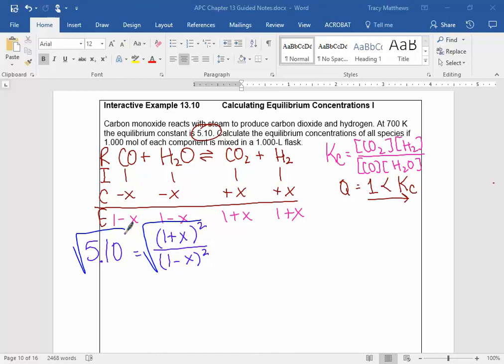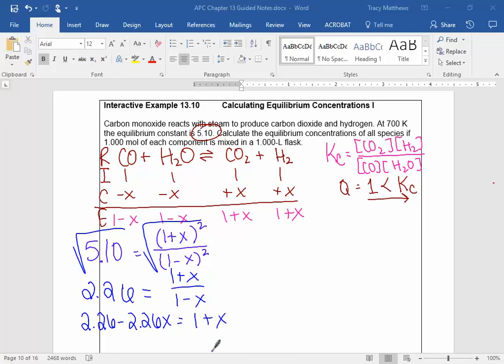So when you square root both sides, what's the square root of 5.10? 2.26. So then you get (1 plus x) over (1 minus x). And now you just have to do a little bit of algebra. Okay, I'll go through those steps for you guys. So when you bring this over, you're going to get 2.26 minus 2.26x equals 1 plus x.